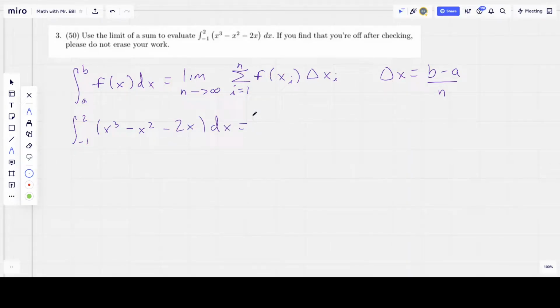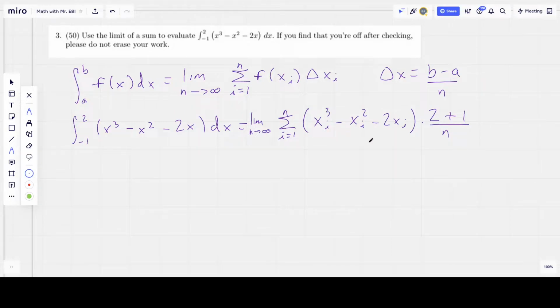That's going to be equal to the limit, as n goes off to infinity, of the summation from i equals 1 to n of x sub i cubed minus x sub i squared minus 2x sub i, times 2 minus -1 all over n. If you knew the number of subintervals, you would put that in for n, but n's going off to infinity, so we're not going to be plugging anything in for n there.